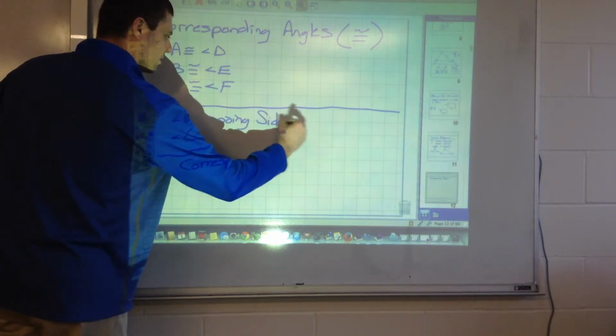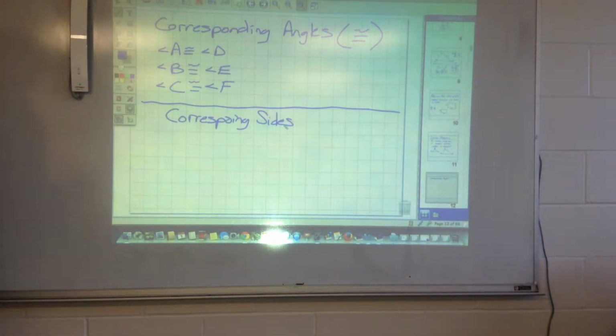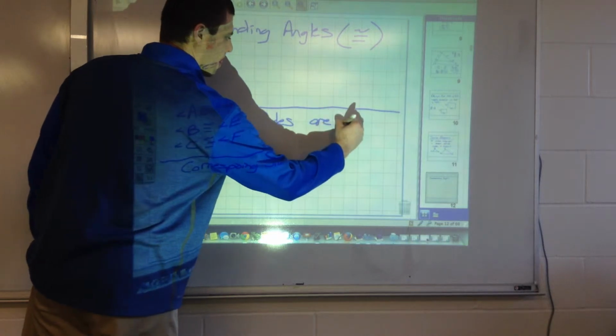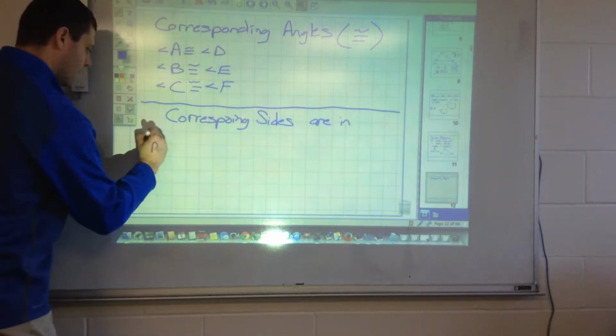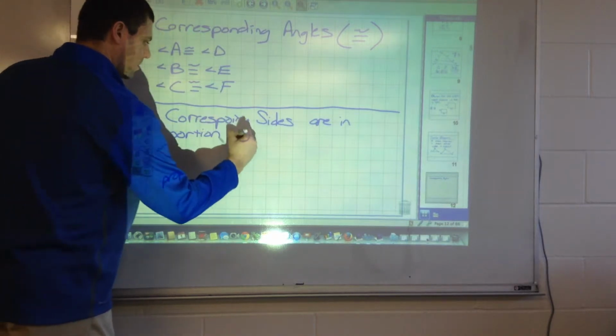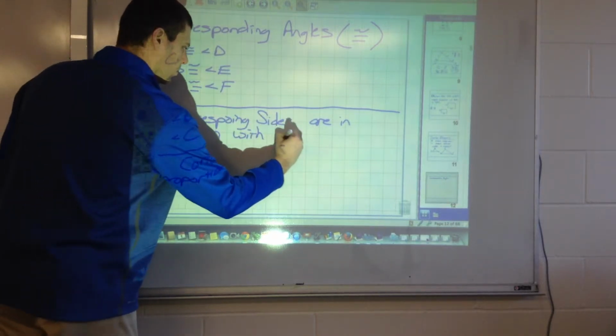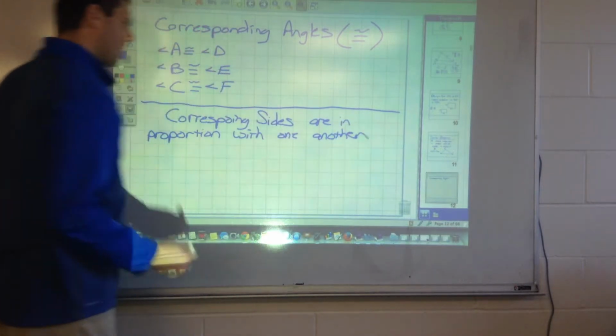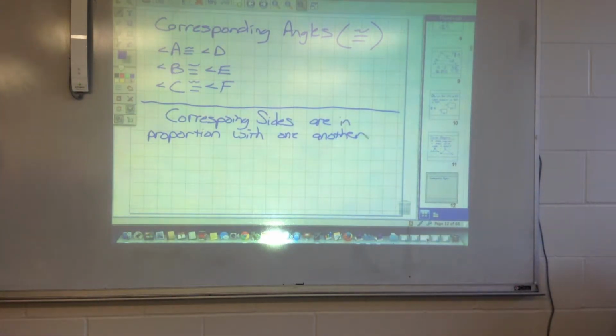Corresponding sides are in proportion with one another.